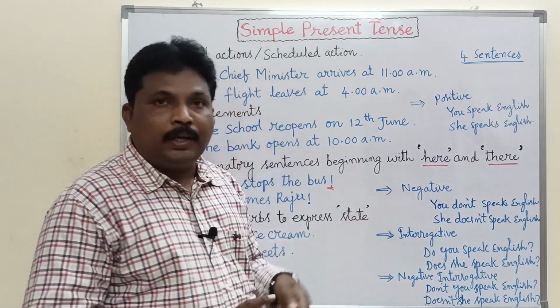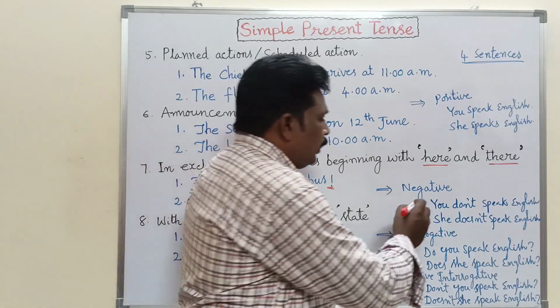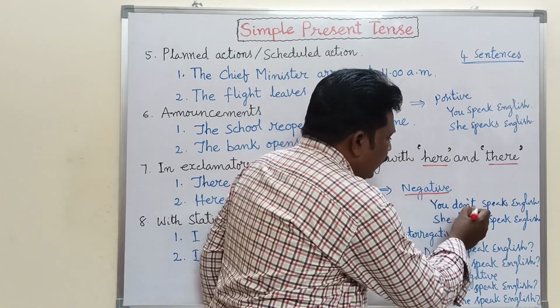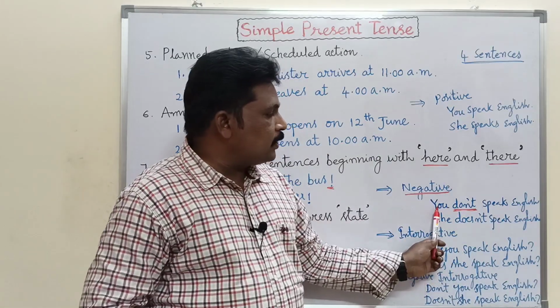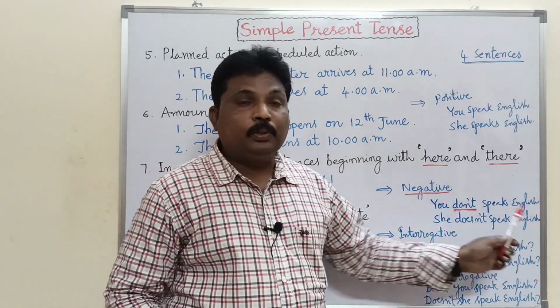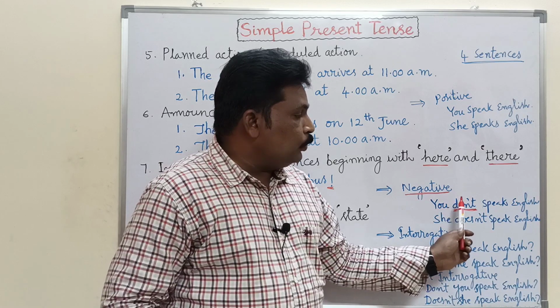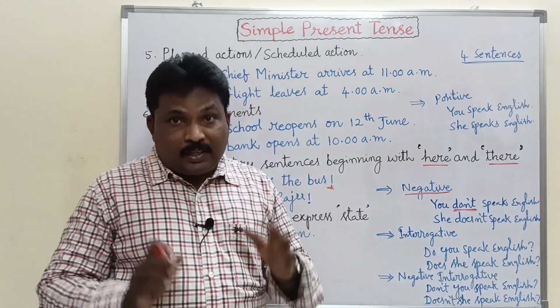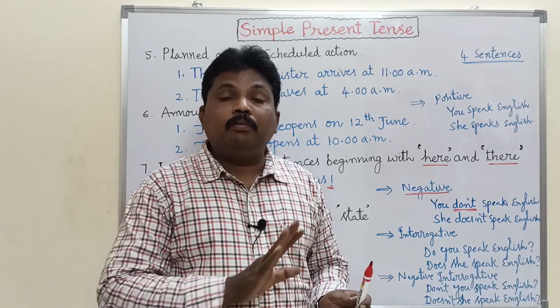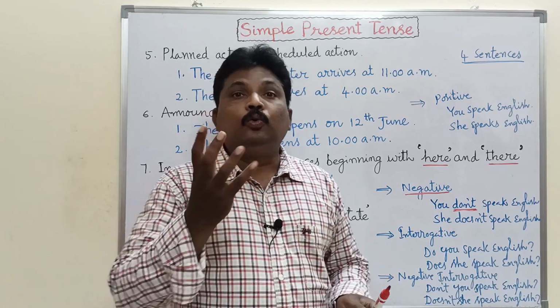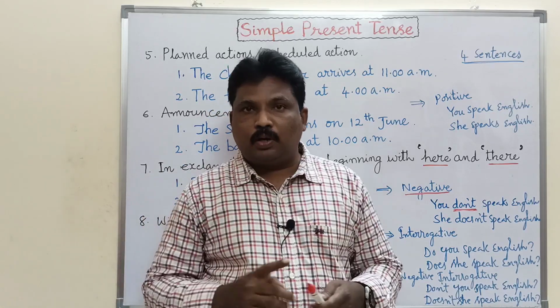And how to write negative sentences? In a negative sentence, just by adding don't before the main verb. You cannot say you speak not English, but you should say you don't speak English. The reason is, in this tense there is no helping verb. Whenever there is no helping verb, we introduce do forms.